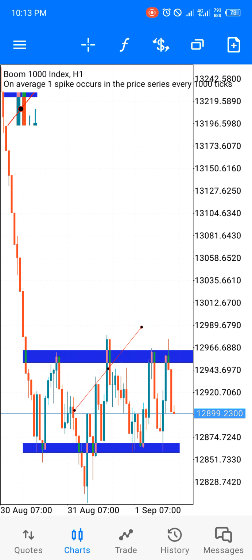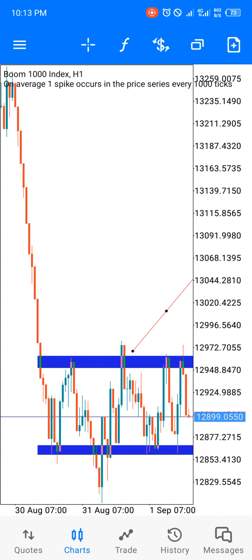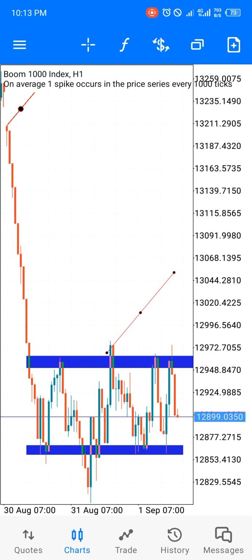But when it crosses this point and then closes above it, then the next candle should be my area of concentration. If I want to buy the market at this level, then after the market closes above this level I've taken.